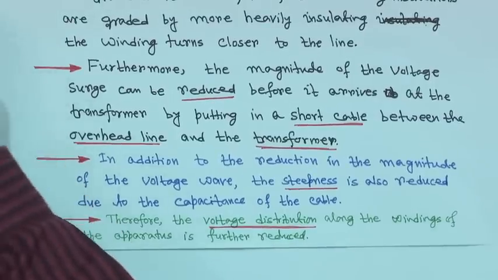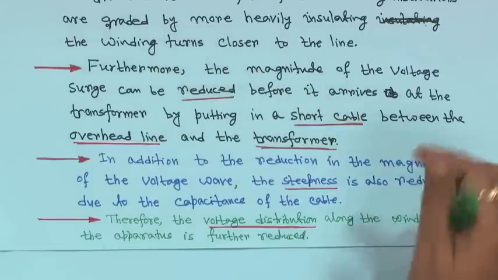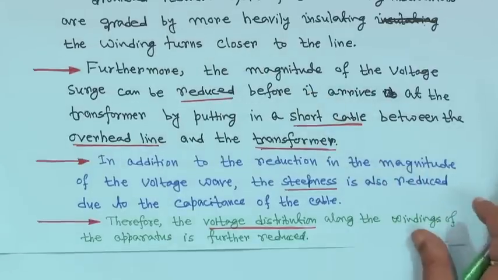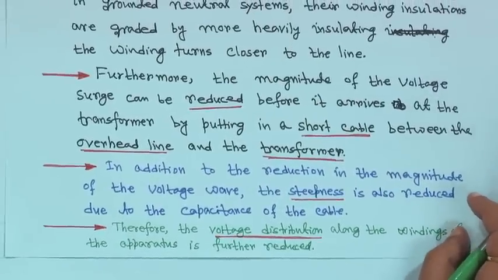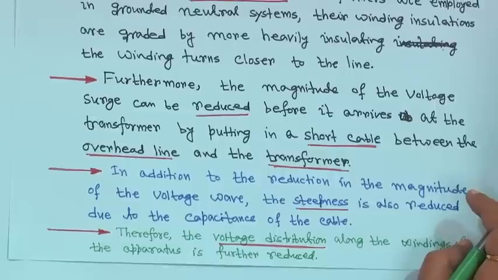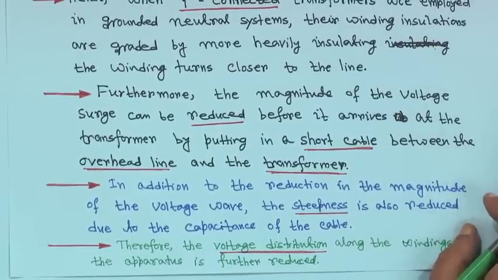So, whenever you have a transformer as the termination at the end, instead of resistance or impedance, the overhead line is connected to the transformer through a very short cable, I mean having short length, right.